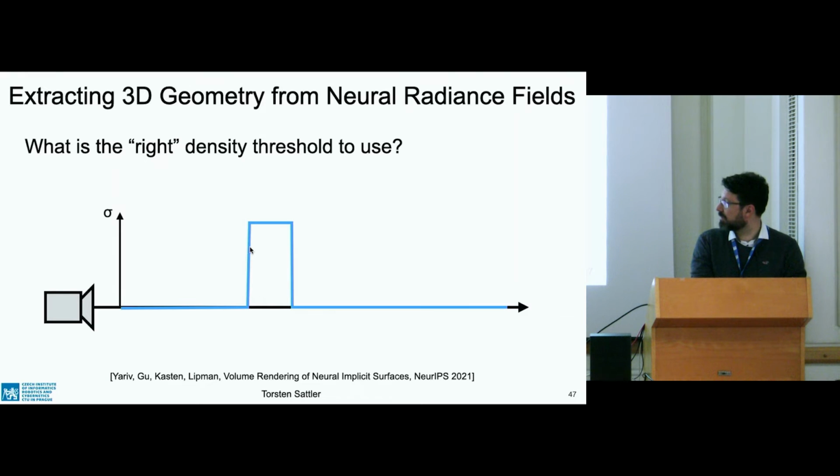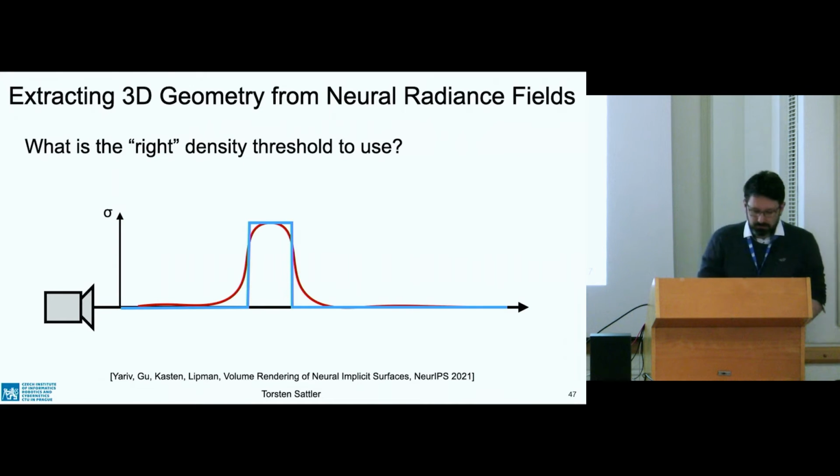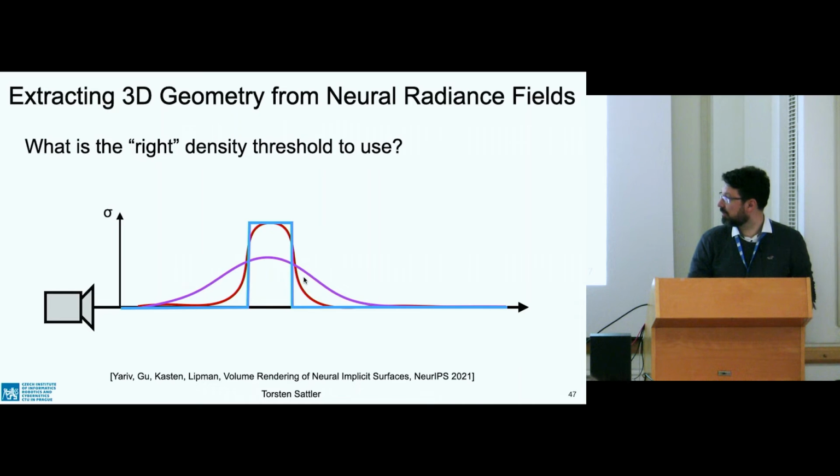When the ray enters the surface, the volume density inside remains high, and then it drops once you leave. But the network might learn a different volume density representation and learn to compensate for the lower density by adjusting the color.